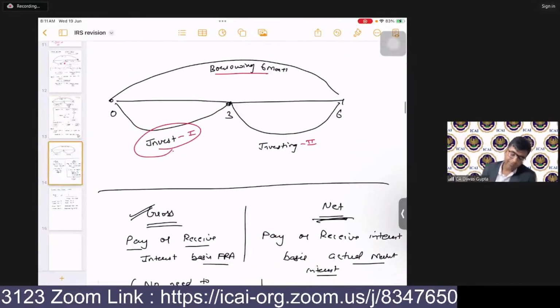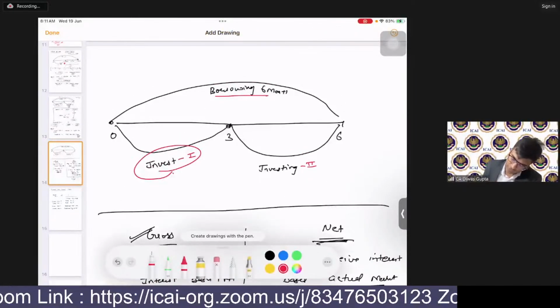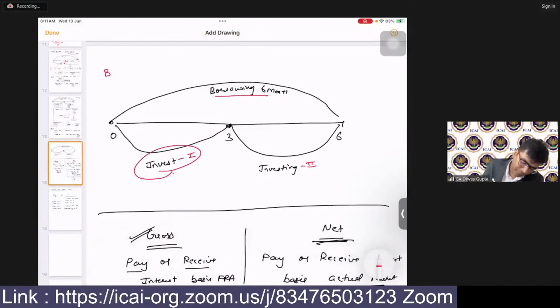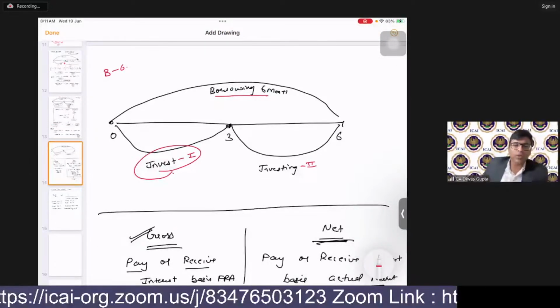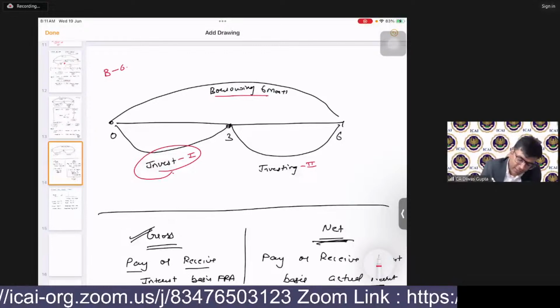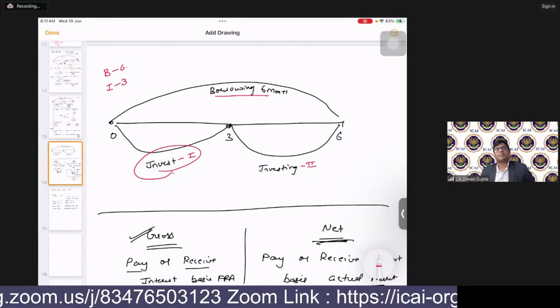So what will happen? On 0th day, you are borrowing for 6 months. Whatever proceeds come to you on the 0th day itself, you invest for 3 months.